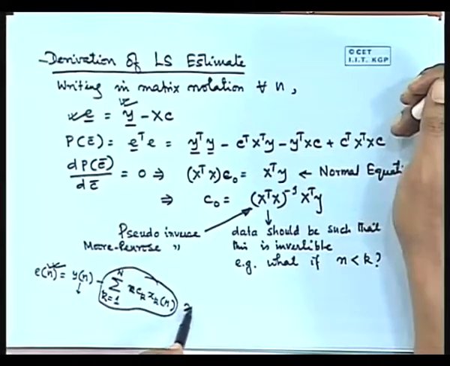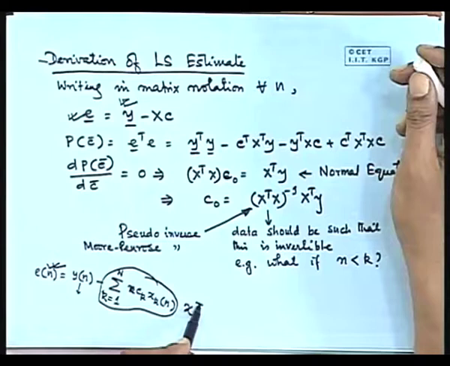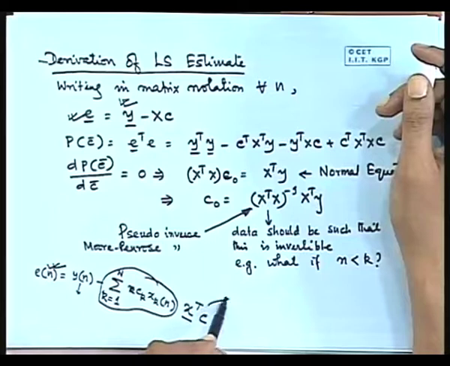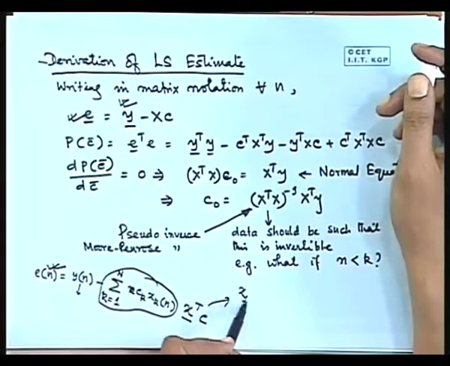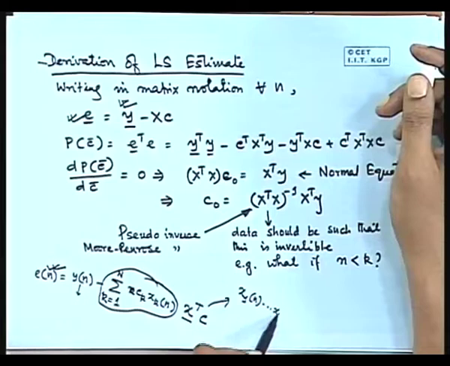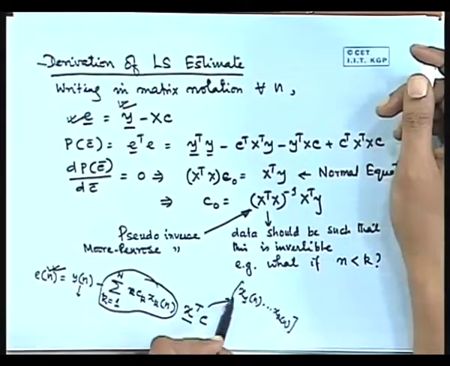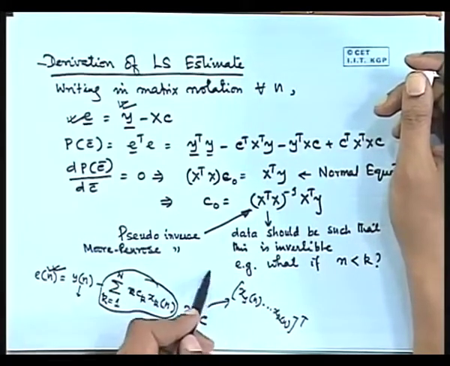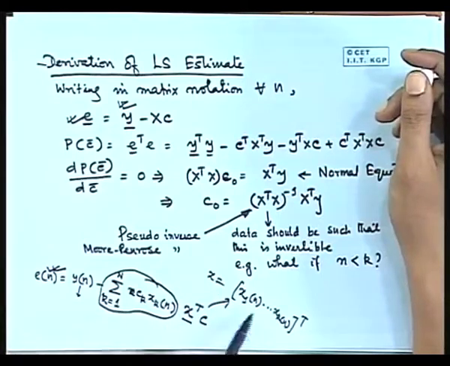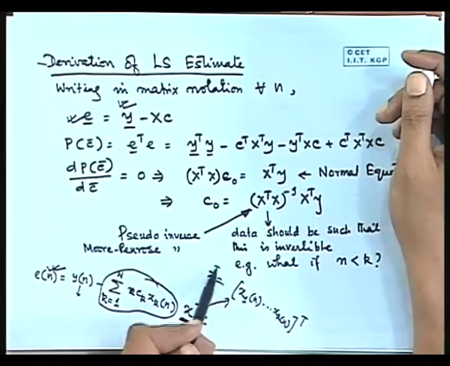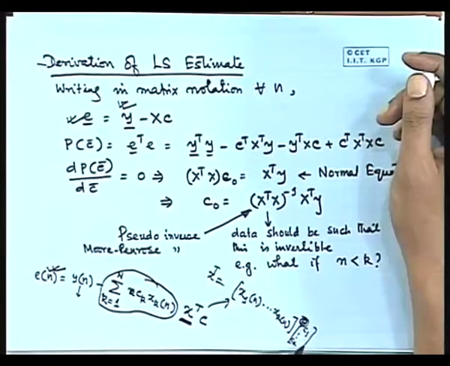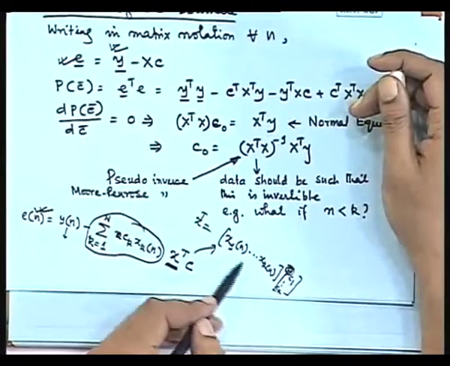You can write x transpose C. This x is a column vector, x1n to xkn transpose, so x transpose is a row vector, which is nothing but this vector, and C is a column vector, C1 to Ck. Can you read this? I don't know, this is probably too small.